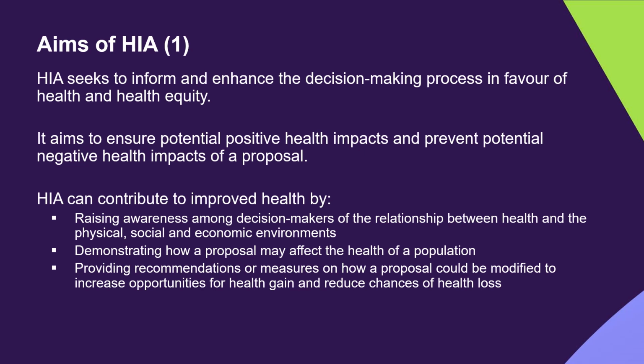HIA can contribute to improved health by firstly raising awareness among decision makers of the relationship between health and the physical, social and economic environments. Secondly, demonstrating how a proposal may affect the health of a population. And thirdly, by providing recommendations or measures on how a proposal could be modified to increase opportunities for health gain and reduce the chances of health loss.